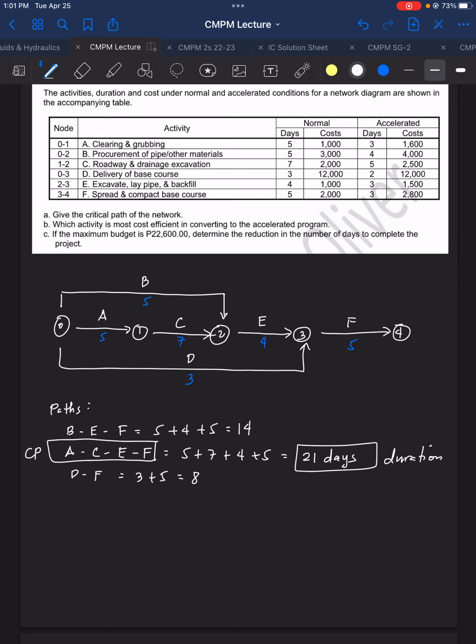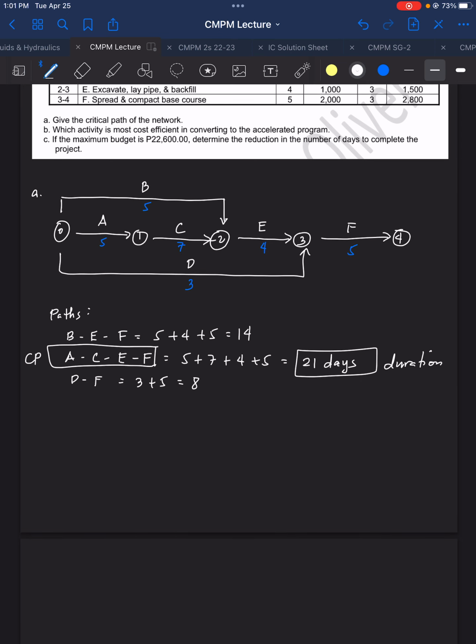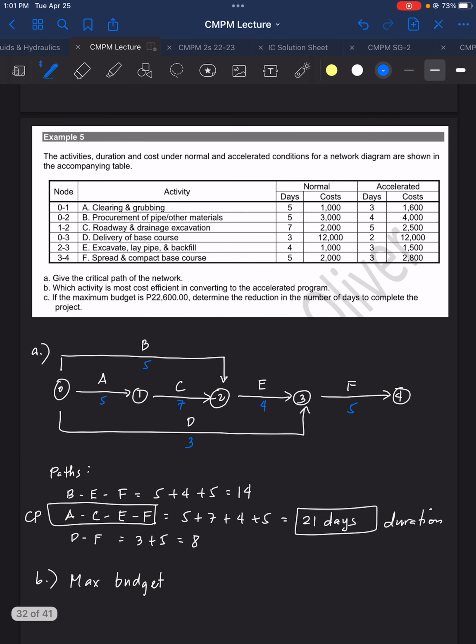And question B, which activity is most cost efficient to convert in the accelerated program? So this is for A. Now B. Given our maximum budget, what's the total normal cost? So 1,000 plus 3,000 plus 2,000, 12,000, 1,000, 2,000. So that is 21,000 pesos.